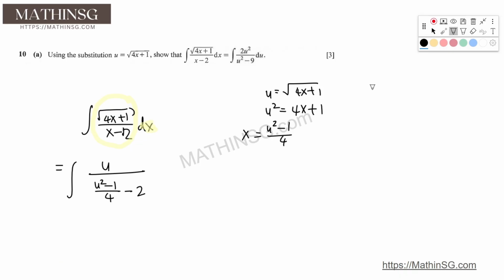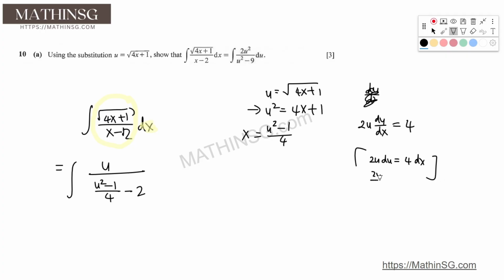Next, let's differentiate this, because I don't really like square root, so I'll differentiate this one instead. I know that 2u du/dx is equal to 4. Then I write that 2u du equals 4 dx, because I need to change dx into du.